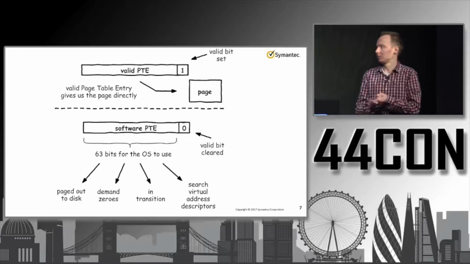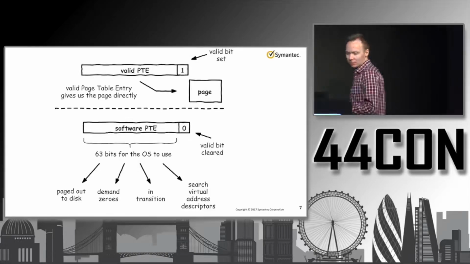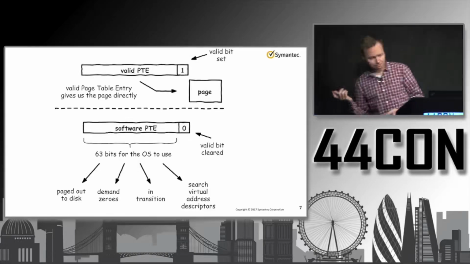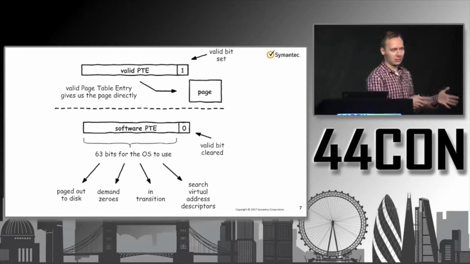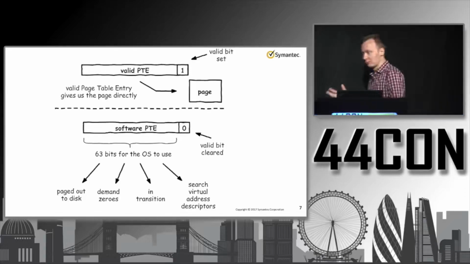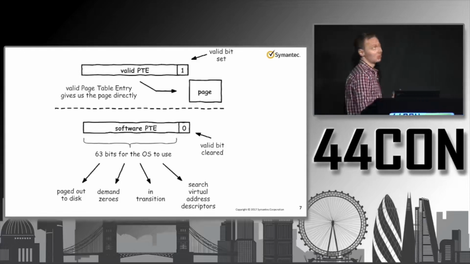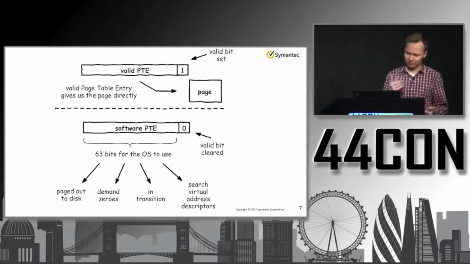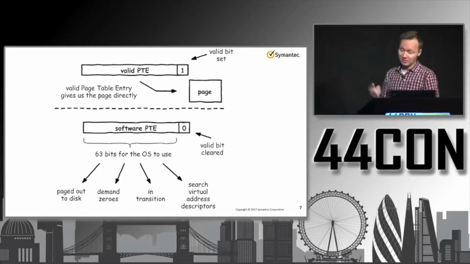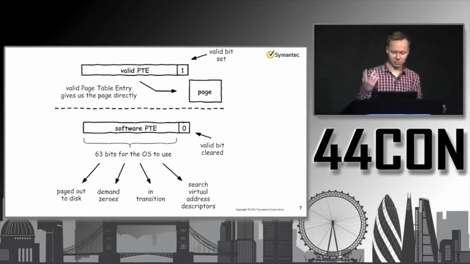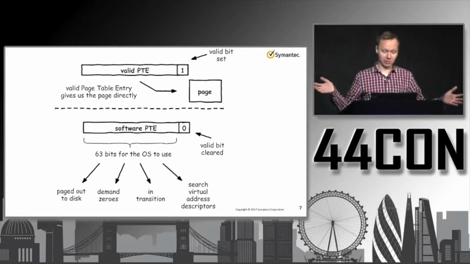This is the case. Basically, it can be paged out, just like a swap file, in which case there will be bits in there telling you where to find the contents, like the number of the page file and the offset. It could be a demand zero thing, which isn't really interesting. It's just saying, give me 4K of zeros.